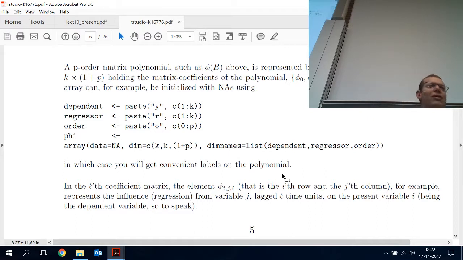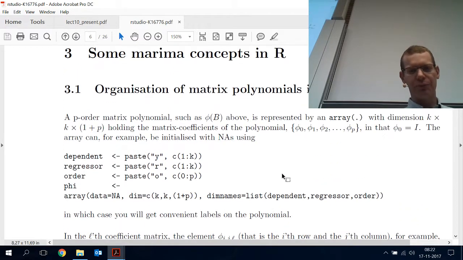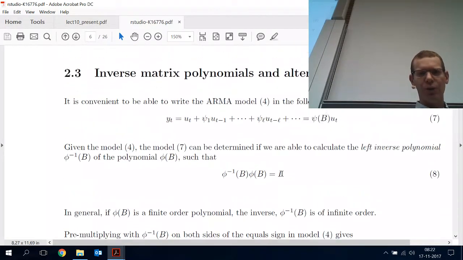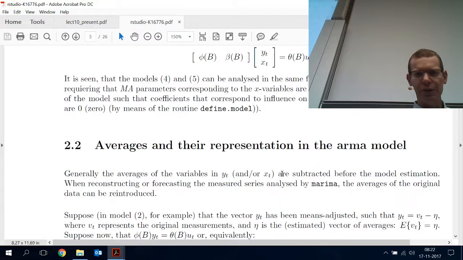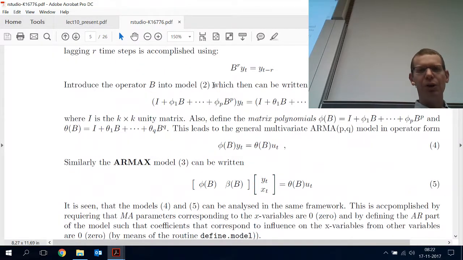Now, Marima does one more thing, and that is because, when we look at the operator form here, Marima really liked this operator form. And if we just store phi1 and phi2 for the AR2 model, what are we missing?